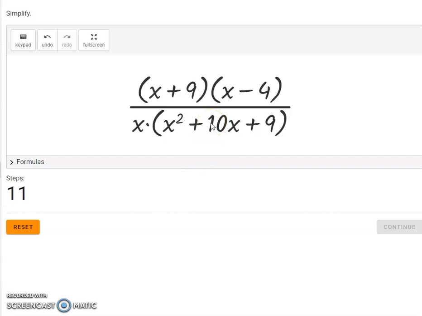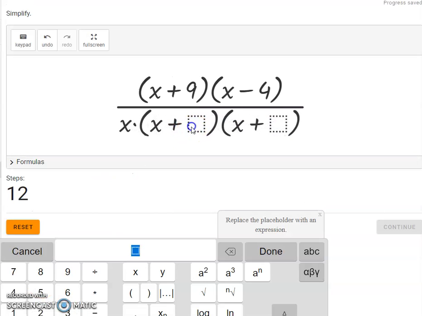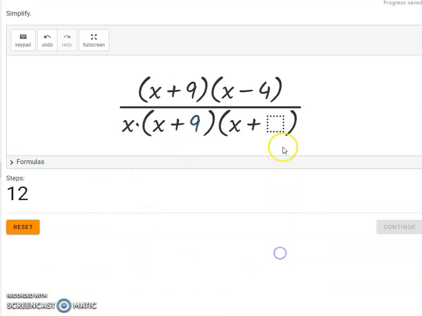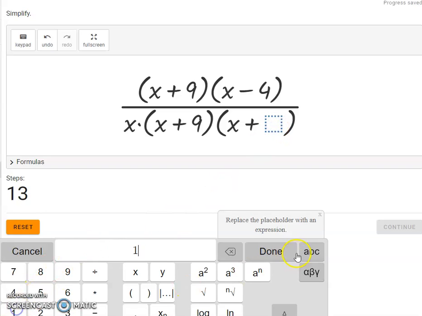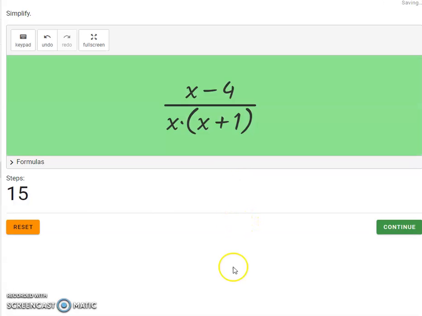So in the denominator here, the quadratic would be x plus 9, x plus 1. So this will be the final answer.